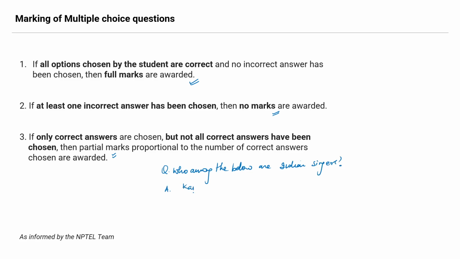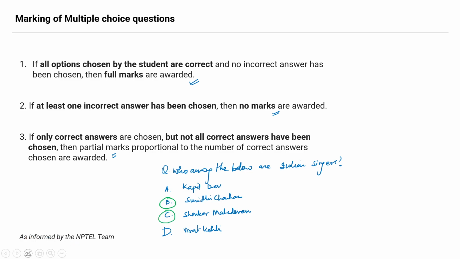For example, all right. So the question is, who among the below are Indian singers? And the correct answers are B and C, Srinidhi Chauhan and Shankar Mahadevan.